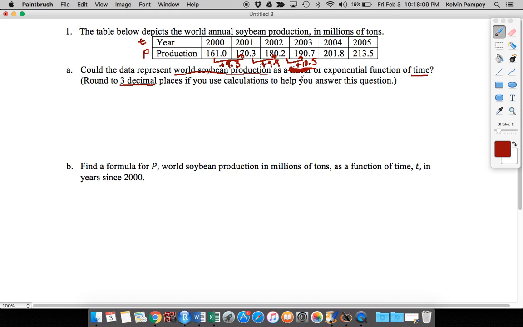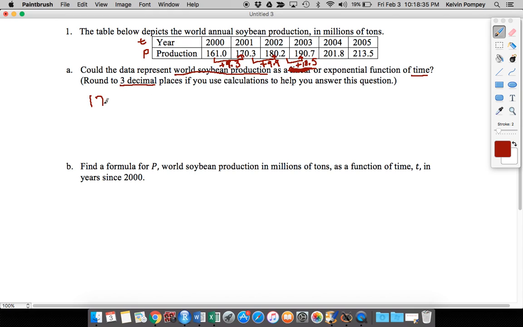Now I want to check and see if it's an exponential function. Here I have to think about a constant percent rate of change. A percent rate of change is part over total, or new over old. From year to year, I'll take the successive year and divide it by the previous year.